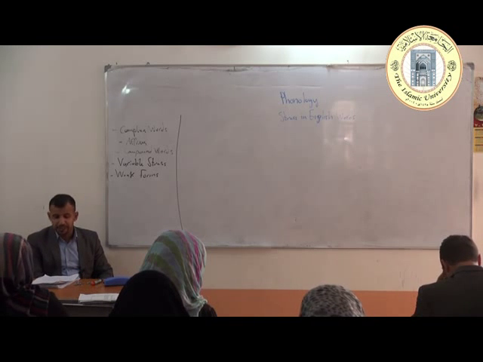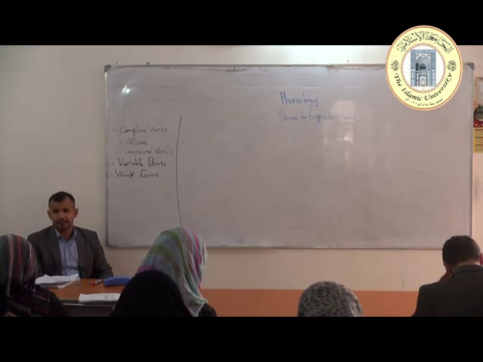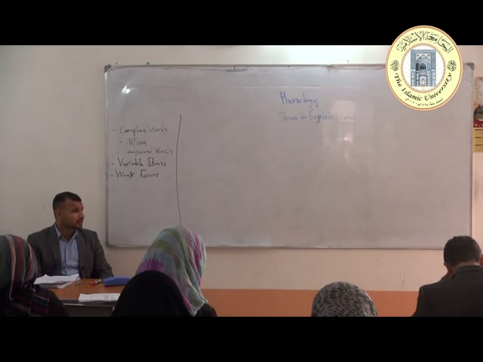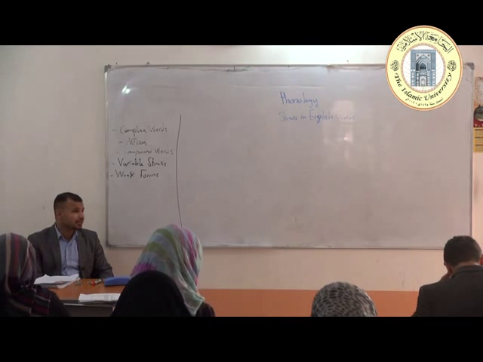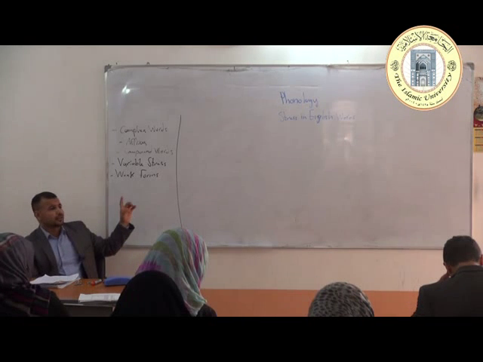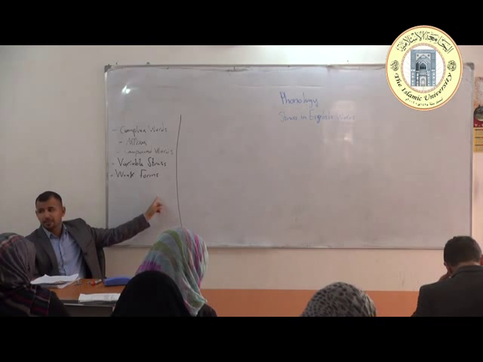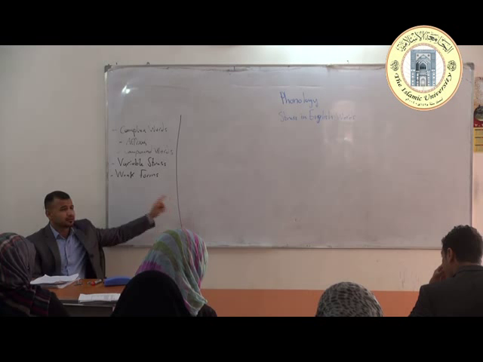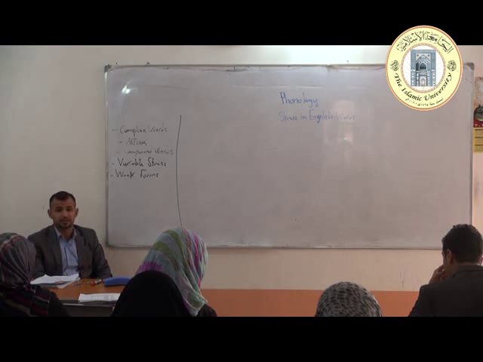Now, let's have the word careless. So, where is the stem in careless? Care. Good. How about less? It is a suffix. So, stem plus a suffix gives a complex word.